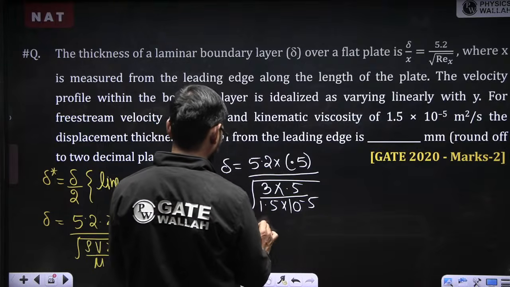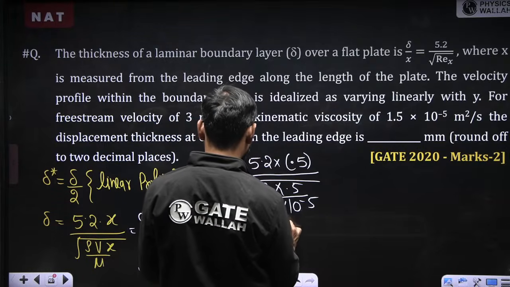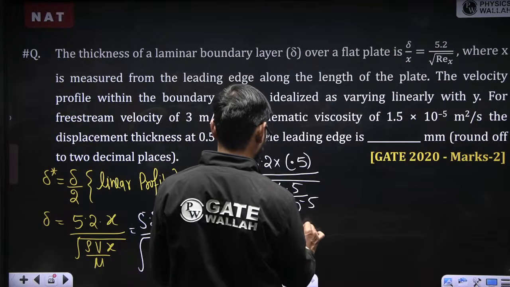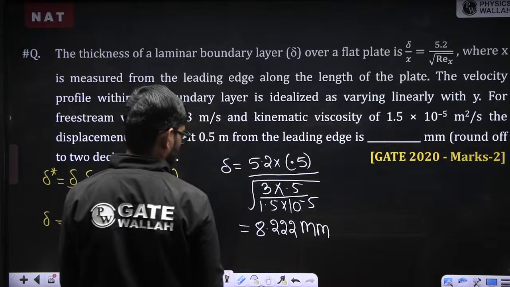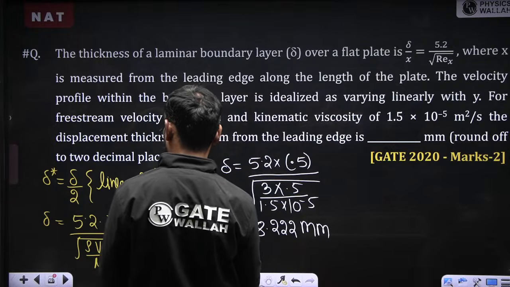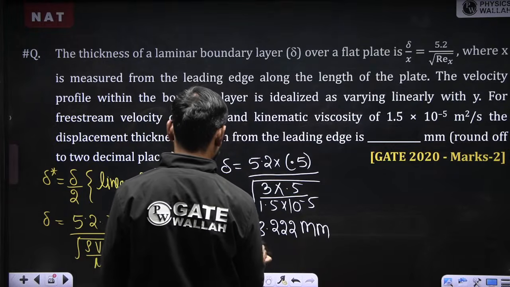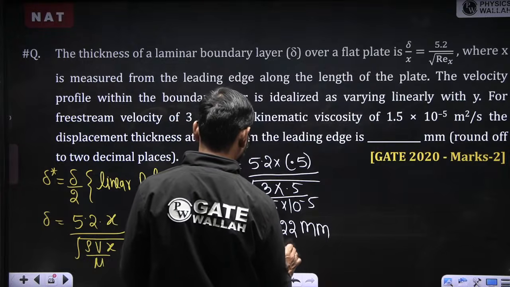This value will come 8.222 mm. So delta star will be delta by 2, which is 4.